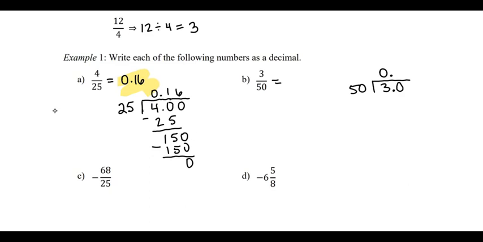So 50 still doesn't go into 30, so we need to write another 0. Now let's add another 0 to 3.000. So now we're looking at the 300. And 50 does go into 300 6 times. Okay, so I'm going to have 300 minus 300. You do not have any remaining numbers, so you've got your answer as 3 divided by 50 as 0.06.